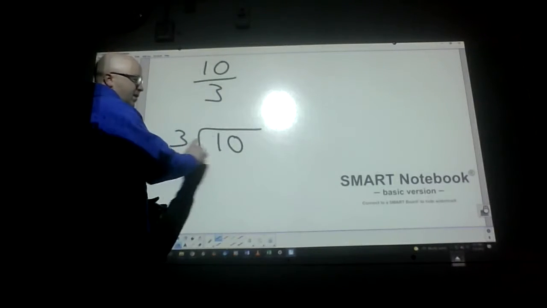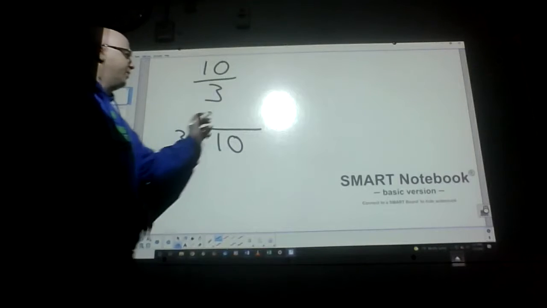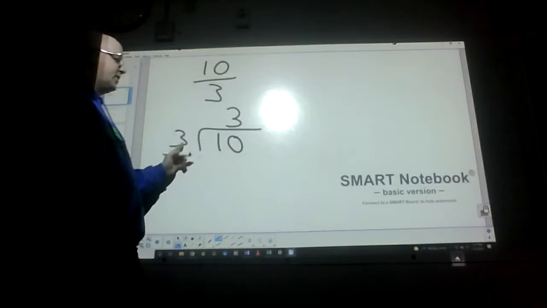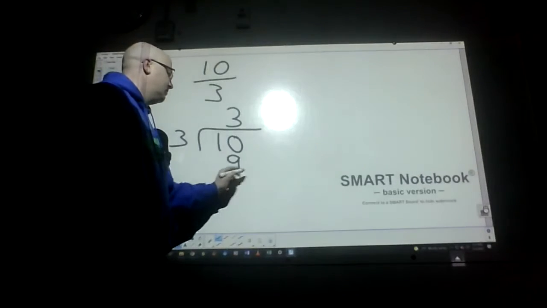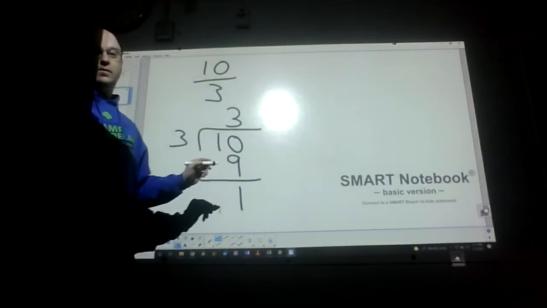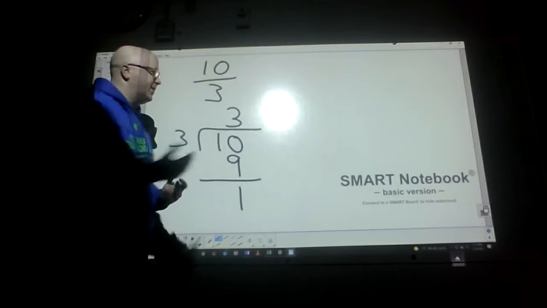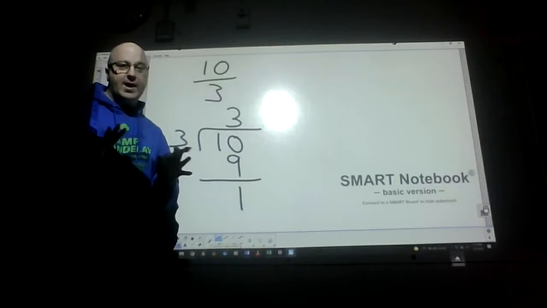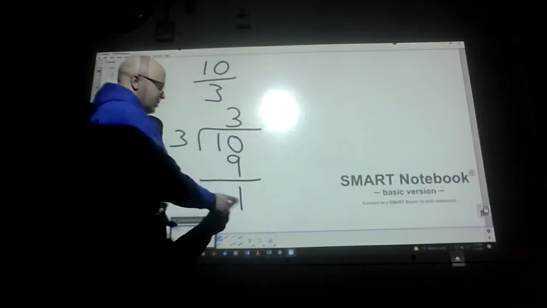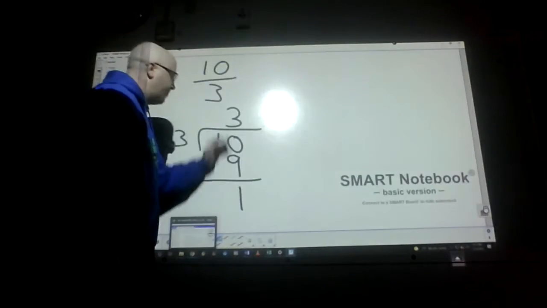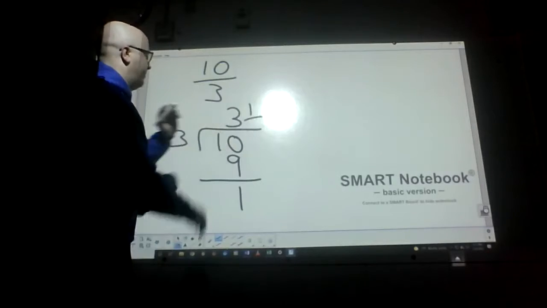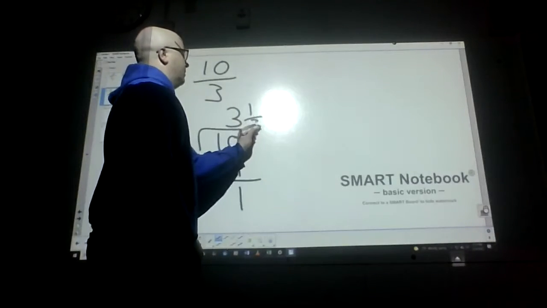10 divided by 3. 3 goes into 10 3 times. 3 times 3 is 9, with 1 left over. We don't write that as a remainder. Nope, we write it as a mixed number. So the 1 slides up to my numerator, and my divisor slides over.